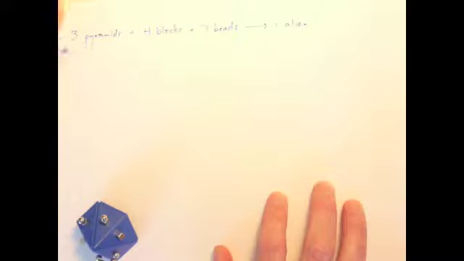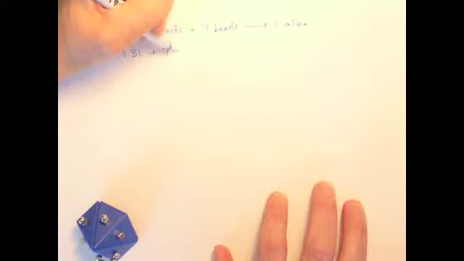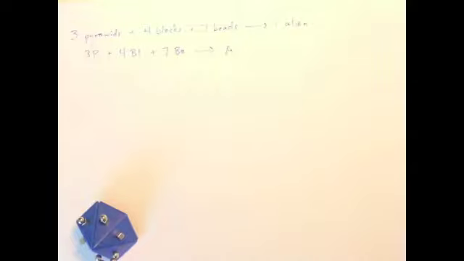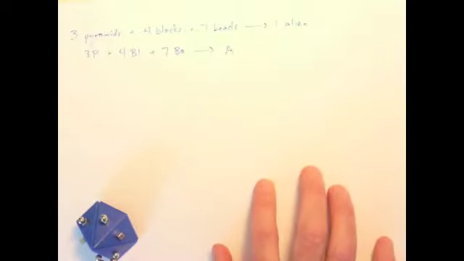Let's abbreviate this to make things easier. So we'll say 3p plus 4bl plus 7be, that's beads, not Berlin, goes to A. And we don't need the 1, just like in a chemical equation.